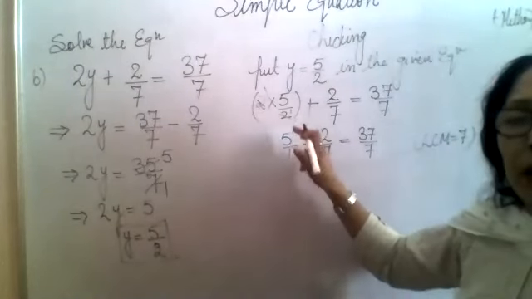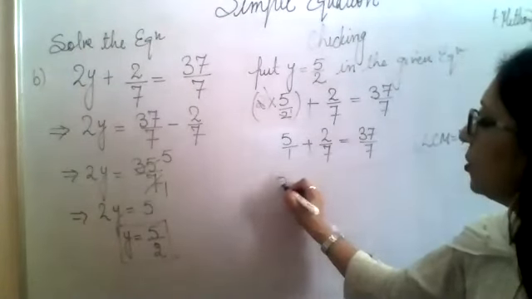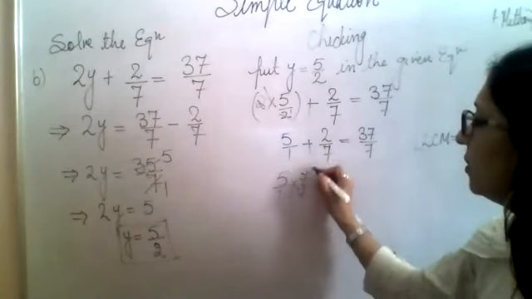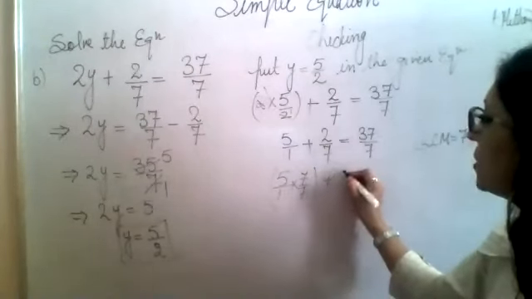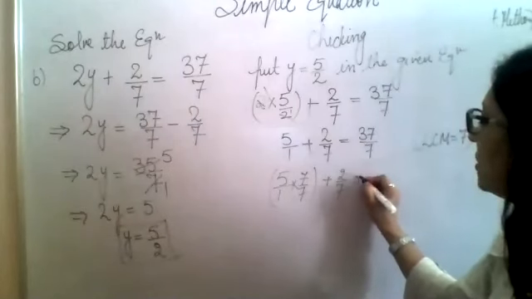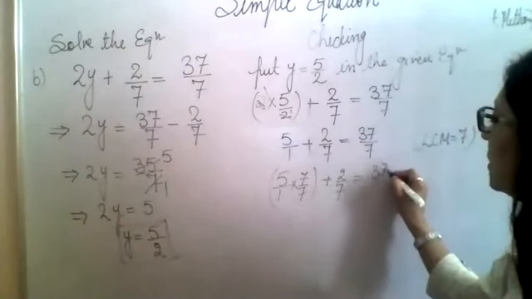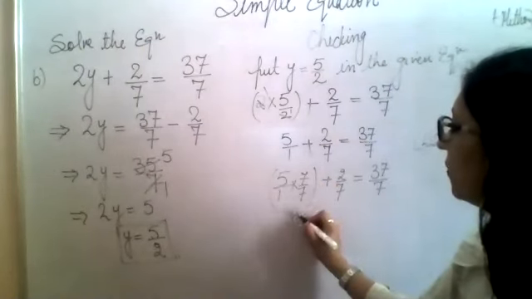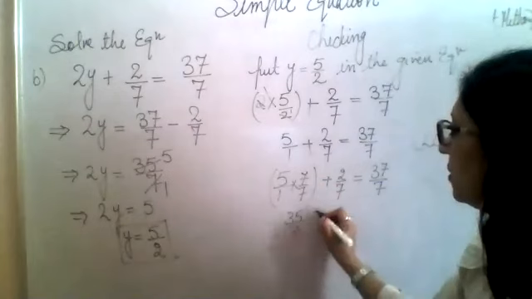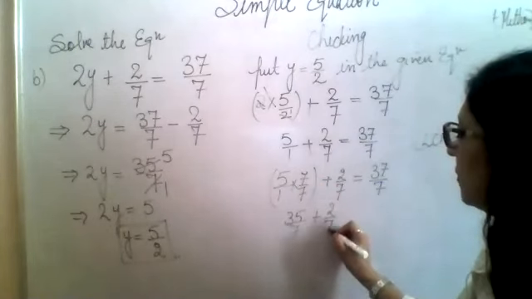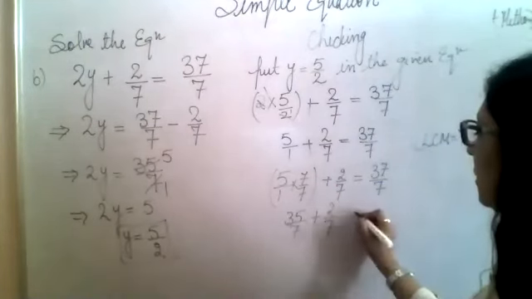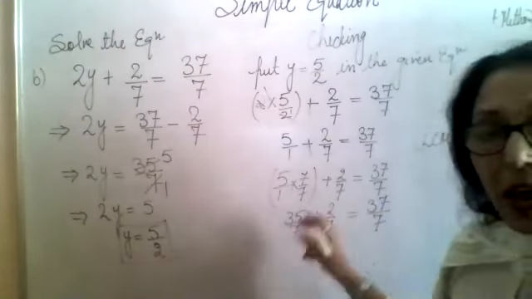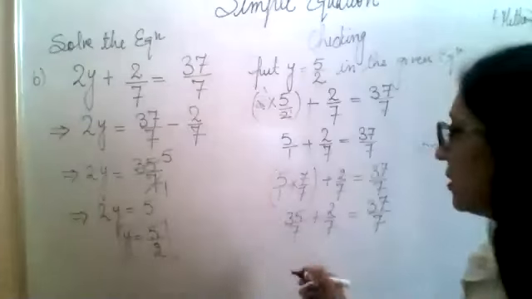By multiplying and dividing by same number. So you will write 7 upon 7, 7 5s are 35 upon 7, plus 2 upon 7 equal to 37 upon 7. When you add 35 plus 2 is 37 only.